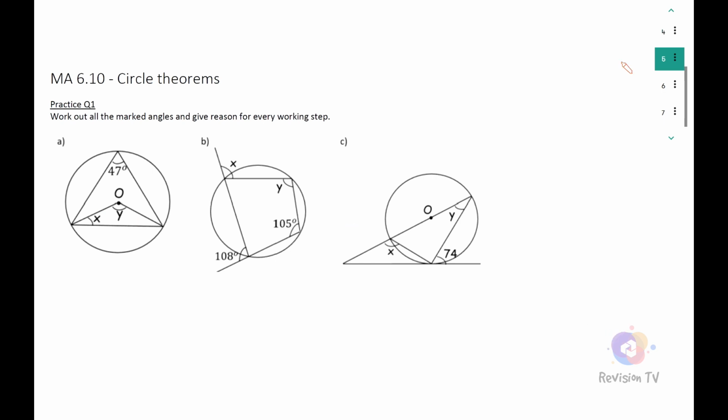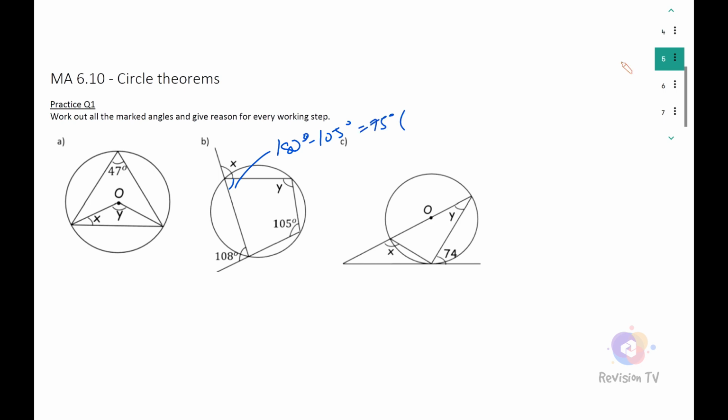For question B, hopefully you do see a cyclic quadrilateral. The circle theorem that involves it is that opposite angles add up to 180 degree. That should be the first thing you spot. 105, that will be 75 degrees. So 180 degree minus 105 degree is 75 degree.